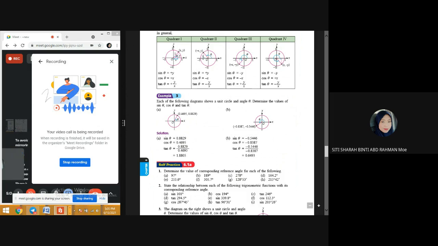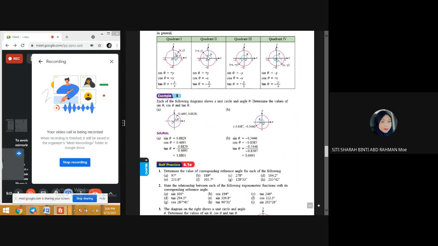Y is positive, so it will be a positive value. For cos, it is a negative value because x is negative and the hypotenuse is positive.